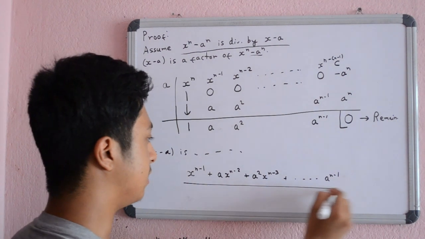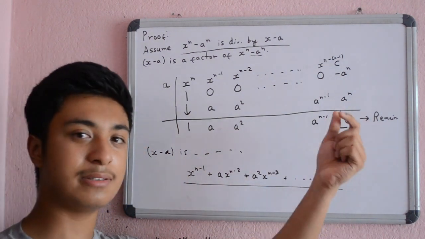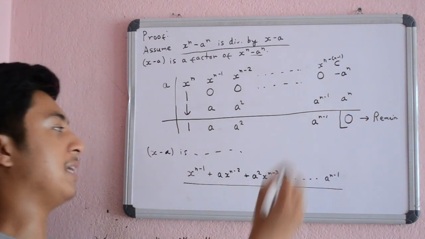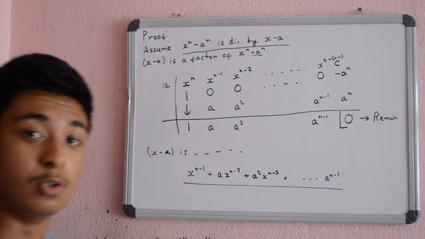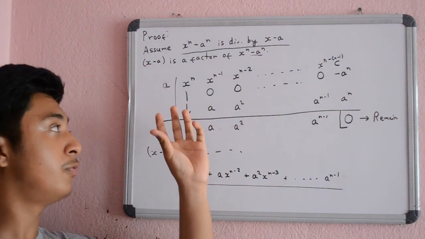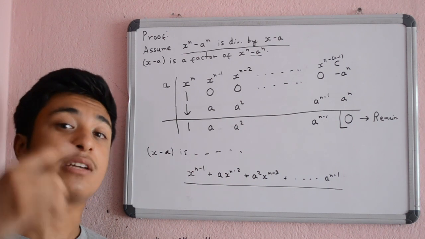And that is it. This is our quotient, our remainder is 0, and our proof ended here, but I just wanted to write it for you guys. And next we'll be doing this exact same proof, but with mathematical induction.